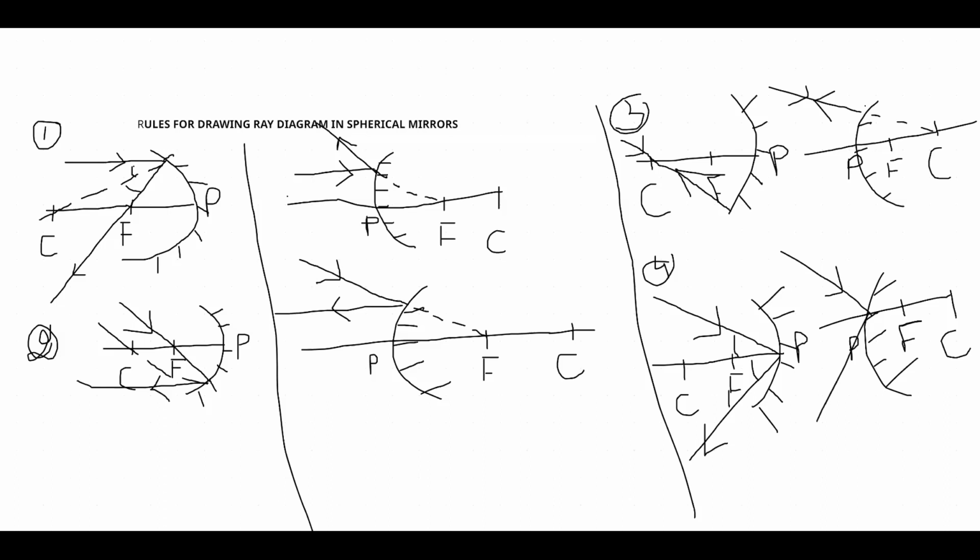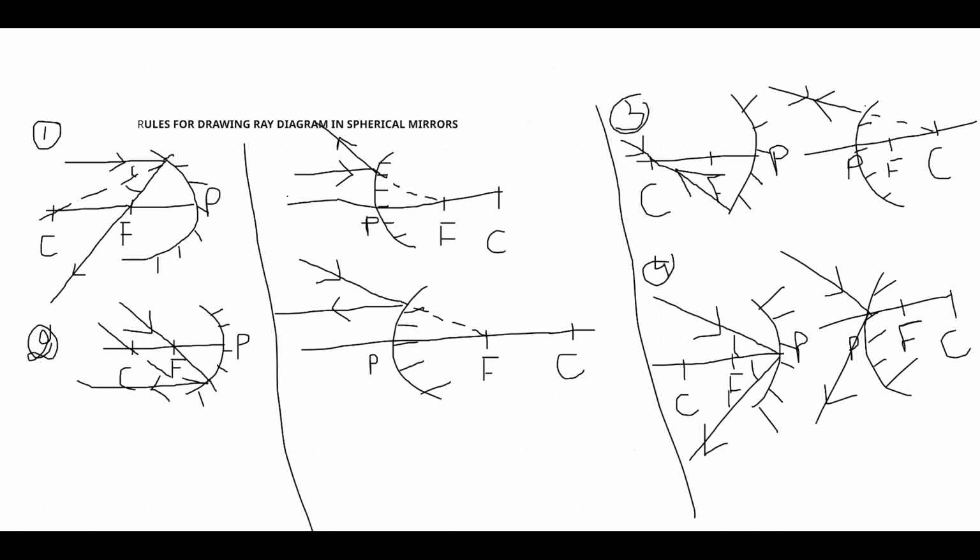So these are the rules for drawing the ray diagram. Whenever we are drawing the ray diagram, make sure that ray diagrams are formed by two rays. So here we have shown four methods of the rays. So the first ray rule will be used every time whenever we are drawing the ray diagram.